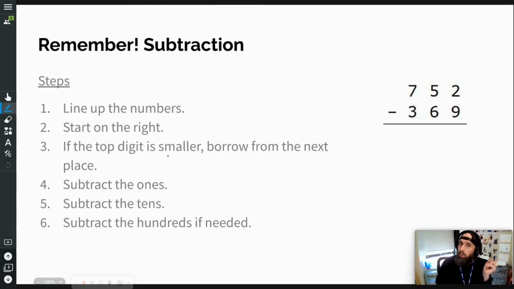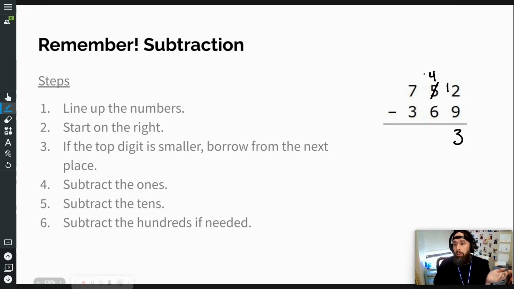Now, if the top digit is smaller, you need to borrow from the next place, and that's going to happen here because 2 minus 9, I can't do it. So what you do is you borrow 1 from 5 and turn 5 into 4. Now we can do 12 minus 9, which is 3, write it below the line. Moving on to the next number, we now have 4 minus 6.